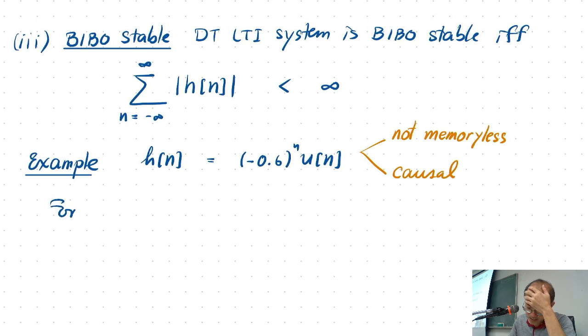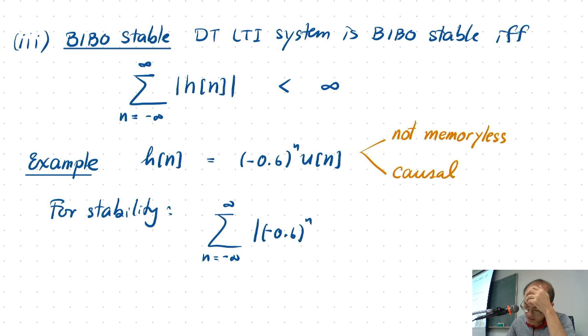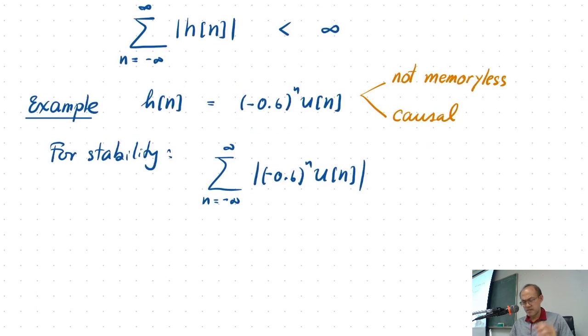For stability, we have to check the summation, n goes from minus infinity to infinity, of the absolute value of (-0.6)^n u[n].